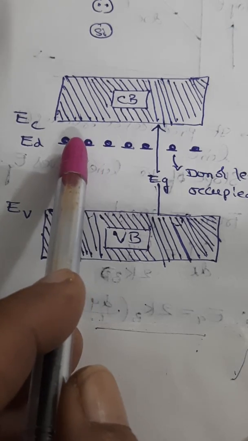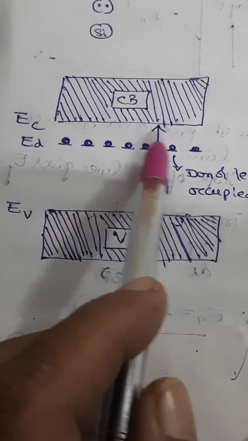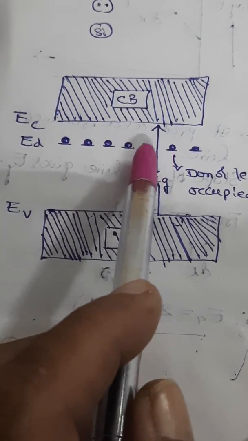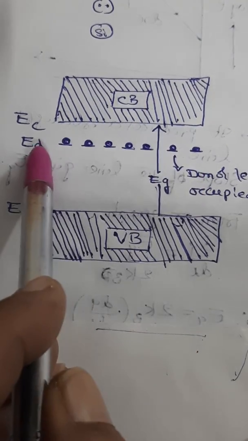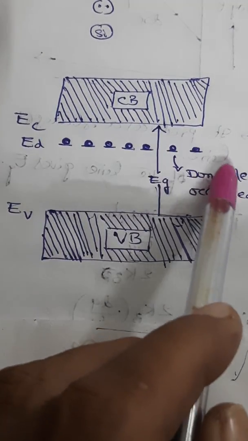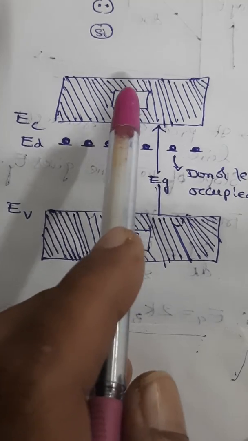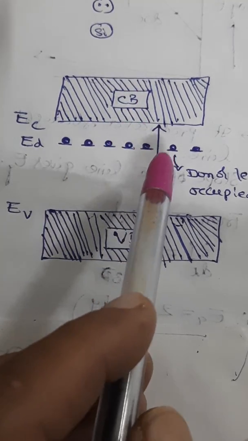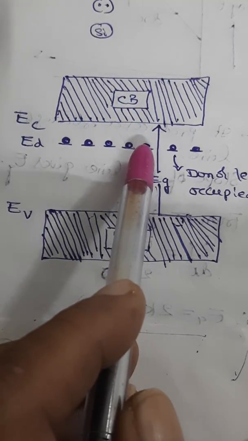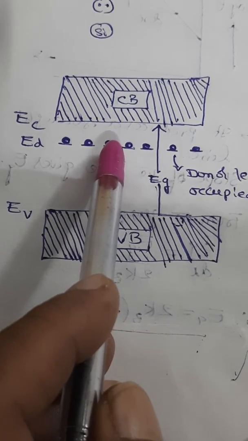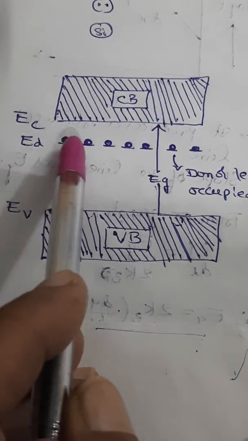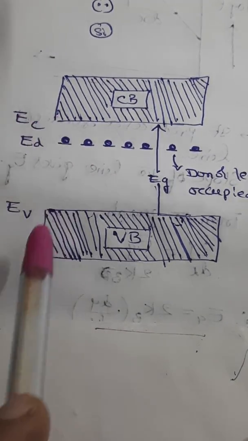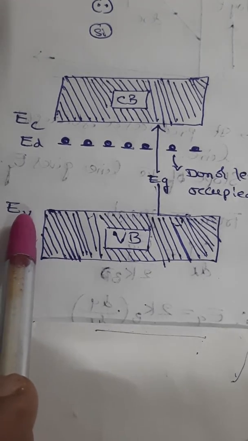Nearer to the conduction band, we can have the donor energy level. ED is the donor energy level corresponding to the phosphorus, which is going to donate an electron at higher temperature. It acts as a donor. This is the conduction band energy level. This is the valence band energy level.